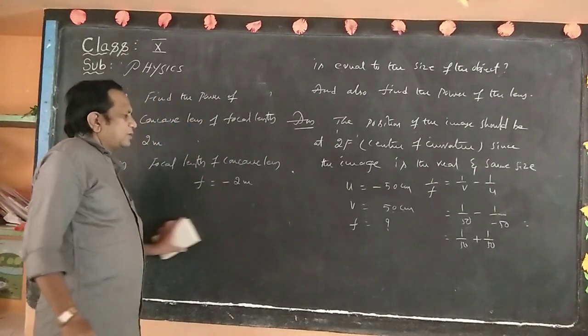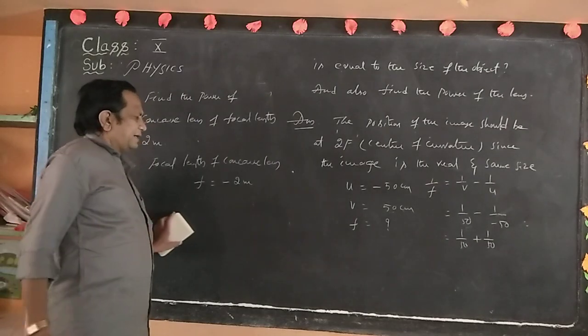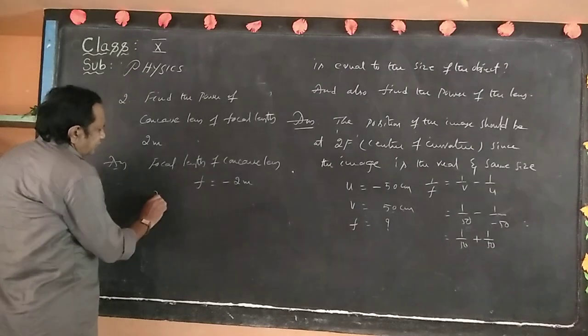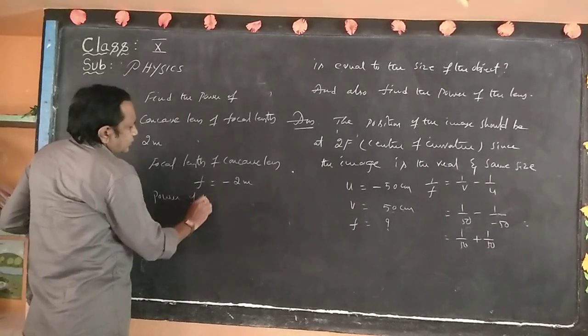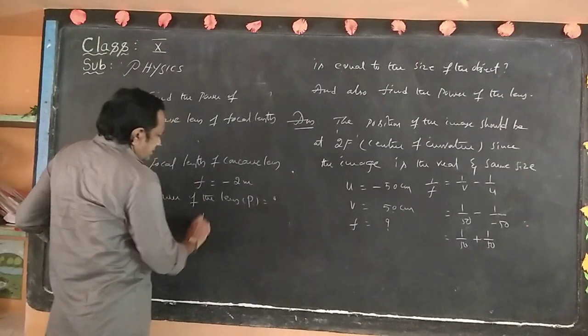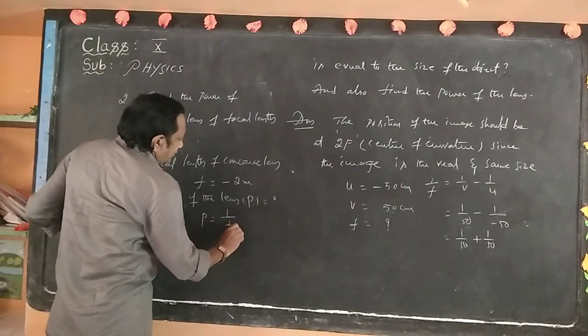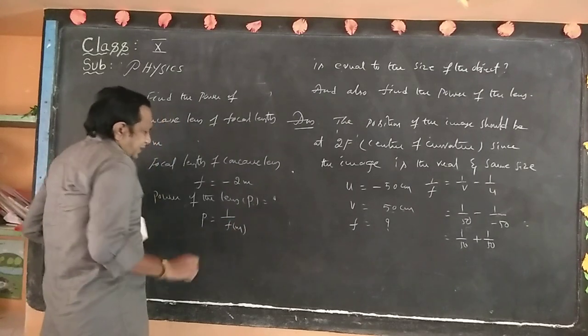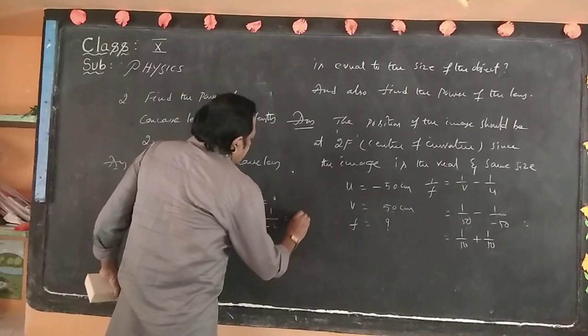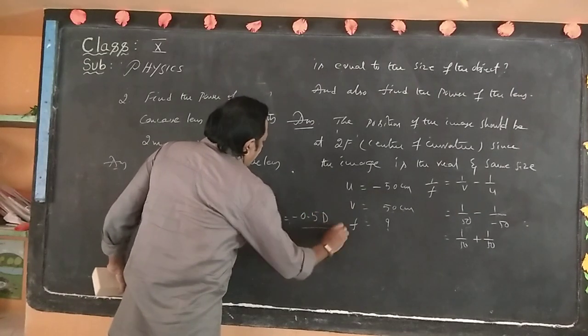Now power of the lens, P is equal to how much? P is equal to 1 by f in meters. Meter is the unit. That is equal to 1 by minus 2, which is equal to minus 0.5 diopter.